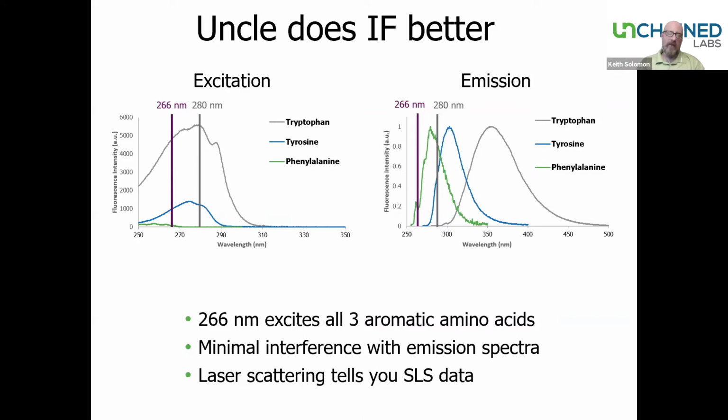So it'll excite phenylalanines and allow you to capture the whole spectrum. In addition to that, we use the 266 nanometer laser to also do small particle static light scatter. So in addition to getting intrinsic fluorescence, you get contemporaneous light scatter, and you can really understand the relationship between thermodynamic stability and colloidal stability all in one fell swoop using the Uncle instrument. So it's pretty ideal for doing what we need to do.